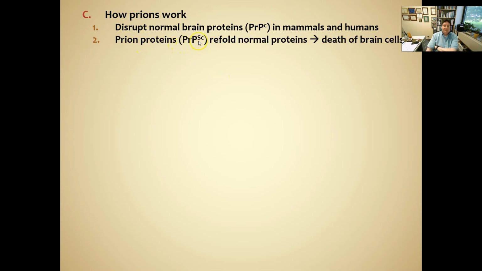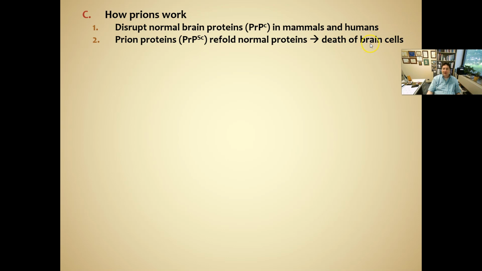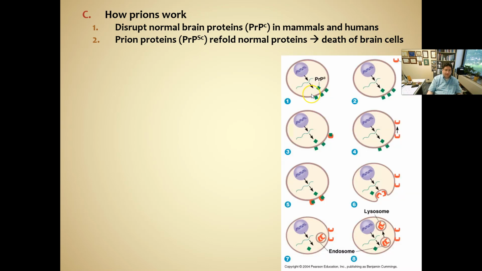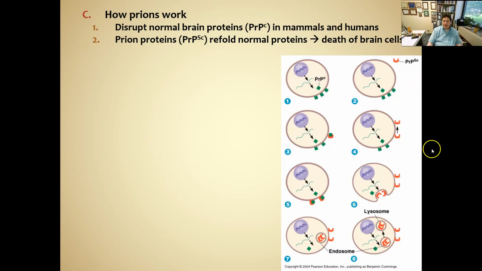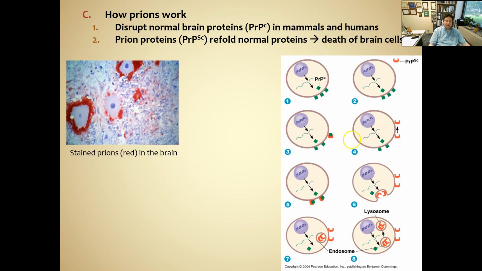So the prion protein, which we could label here PrPSc, causes normal proteins to refold. So they change shape, which causes death in brain cells. And that's what's shown here. You don't have to know the details here, but the prion protein disrupts that normal protein, causing it to refold, thereby changing shape, leading to death of the cell, and particularly brain cells.